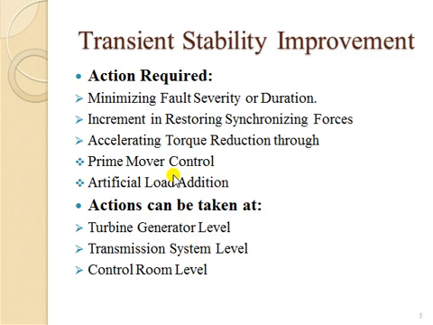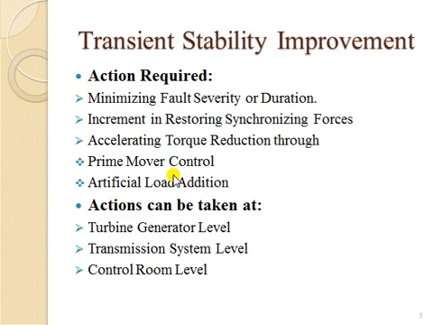Now what is the next technique? The next technique is increment in restoring synchronizing forces. As we have discussed, even after a disturbance we want to keep our system intact, and these synchronizing forces keep your system intact. So after a fault you should always try to increase your synchronizing forces, which will help to restore your system back to its original position.